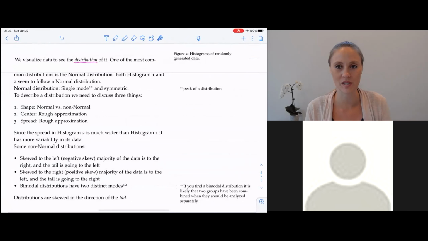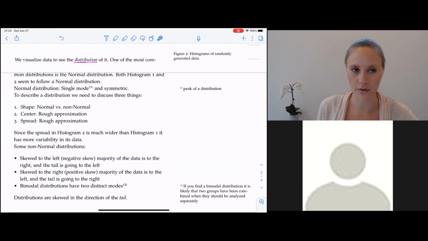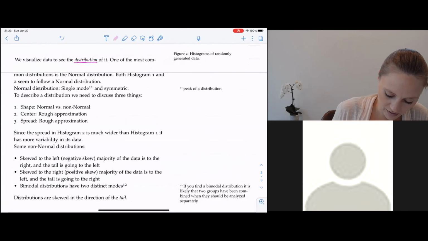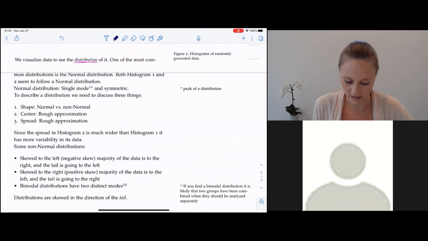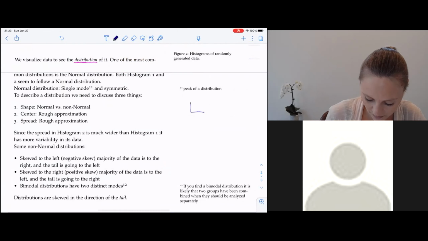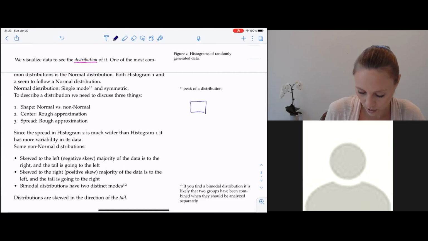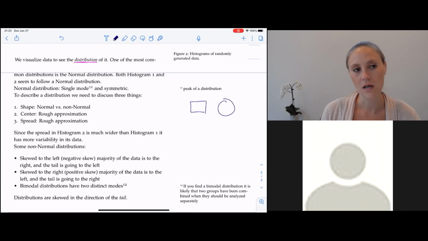One of the most common distributions is the normal distribution. And so I want you to think about, there are shapes for distributions, and just like you know what shape this is, right? You know what shape this is, okay?